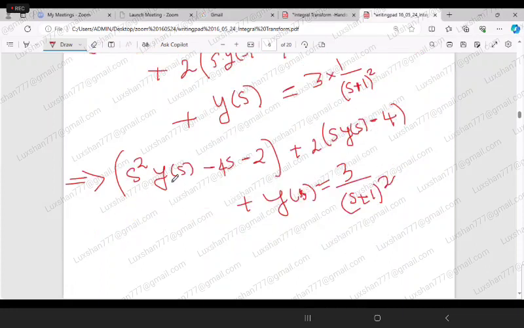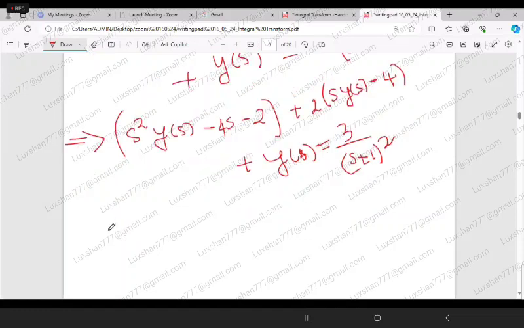Now you take Y(s) as the subject. Here you have Y(s), here you have Y(s), here you have Y(s), and send everything to the other side. So if you take Y(s) as a common factor, you can write it as s squared plus 2s plus 1. That is the coefficient of Y(s).